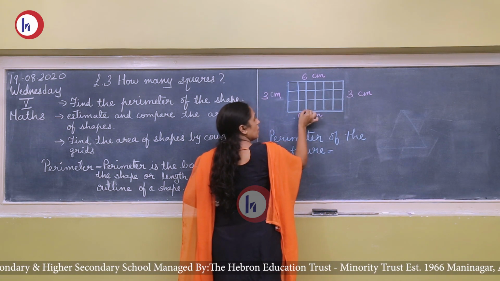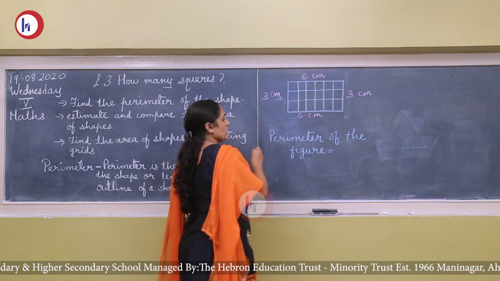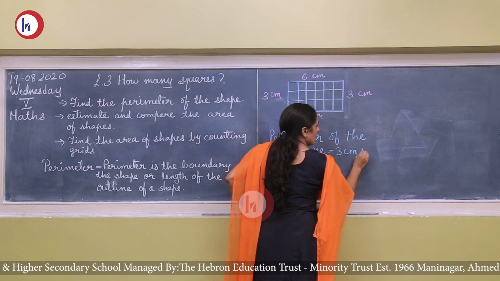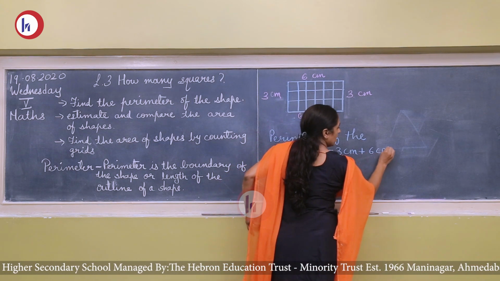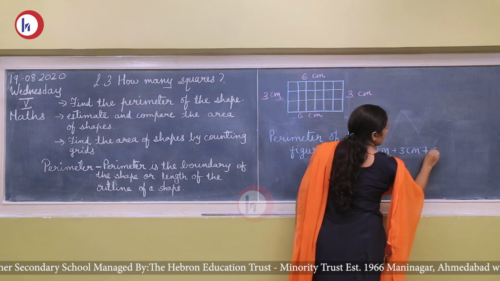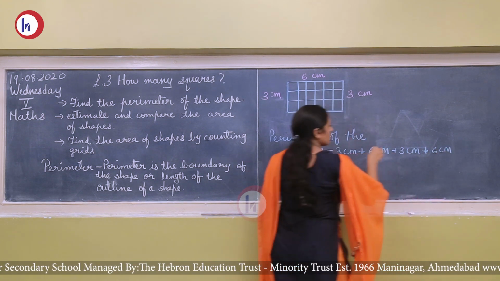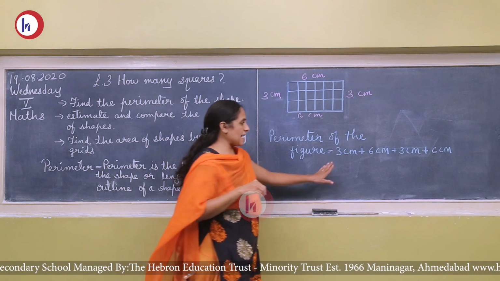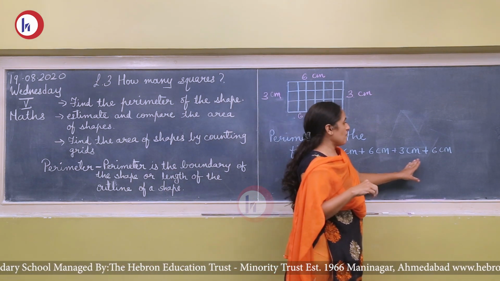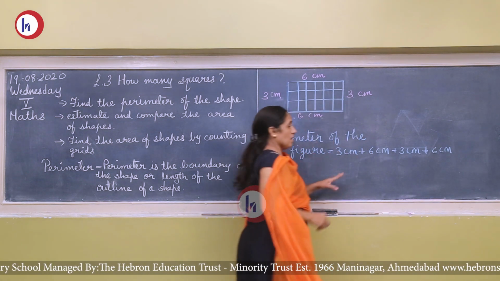Here 1, 2, 3, 4, 5, 6. Okay. So perimeter of the figure is equal to 3 centimeter plus 6 centimeter plus 3 centimeter plus 6 centimeter. This we have to add. 3 plus 6, 9 centimeter. 9 centimeter plus 3, 12. 12 plus 6, 18. Okay?